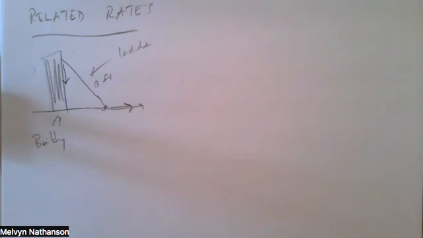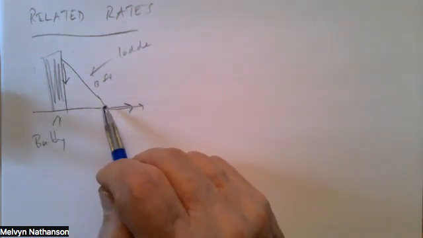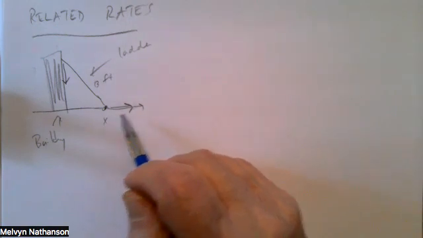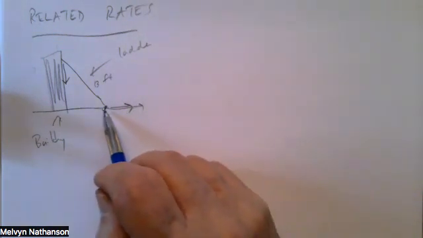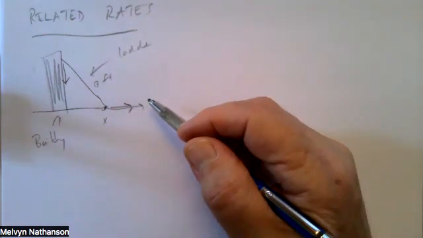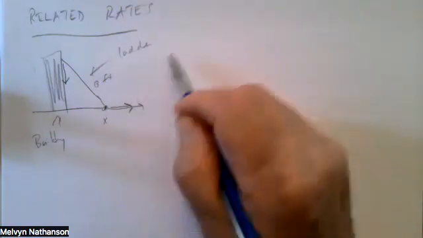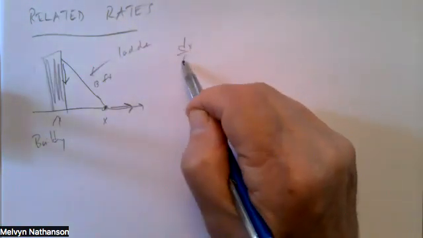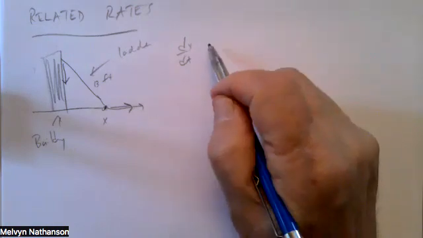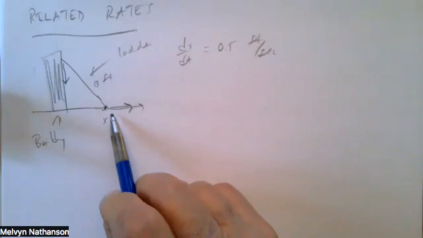And the question is, so let's say that the base of the ladder is at the point x, and you're pulling the ladder out at a rate of 6 inches or half a foot per second. So the position of the base, x, dx dt, is increasing at a rate of 0.5 feet per second, right?